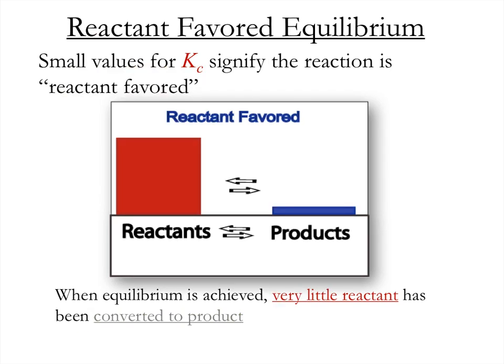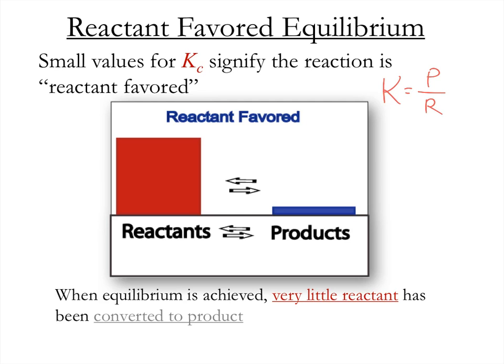Oppositely, if you have a small value for K, that means when you're at equilibrium, you have a lot of reactants still present. The forward reaction hasn't occurred to much extent, and so when they balance out, the reactants will be present in a greater amount. Again, this makes sense because the equilibrium constant is product over reactants.